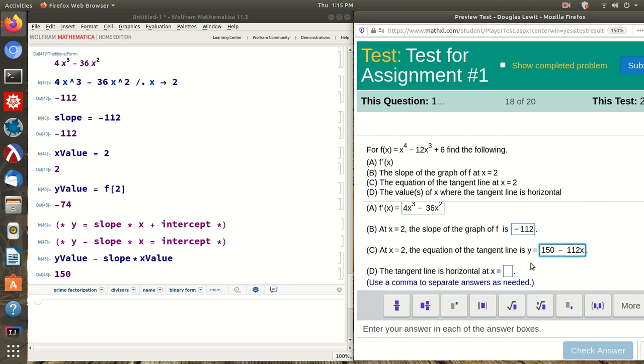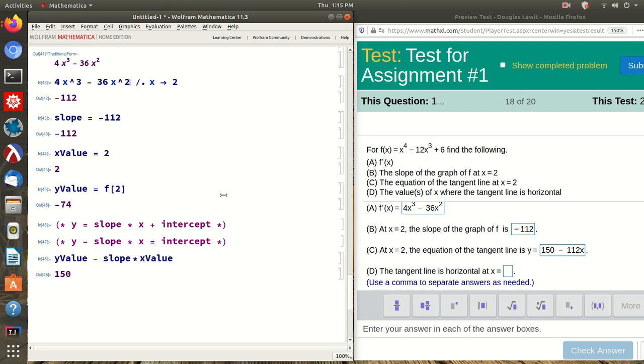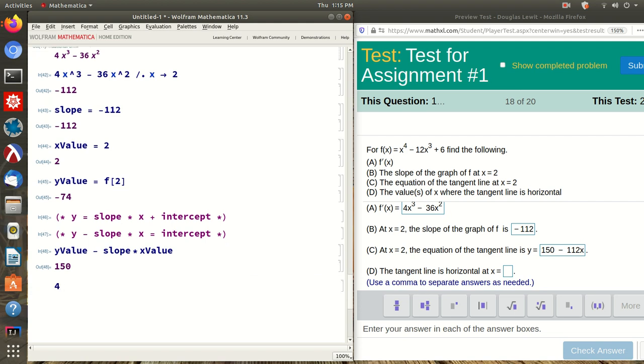The tangent line is horizontal at x is equal to, so what we have to do is set the derivative equal to 0. Okay, so what we can do here is factor out x squared. If we factor out the x squared, we're going to end up with 4x minus 36. The reason you can do that is you have 4 times x cubed minus 36 times x squared equal to 0.